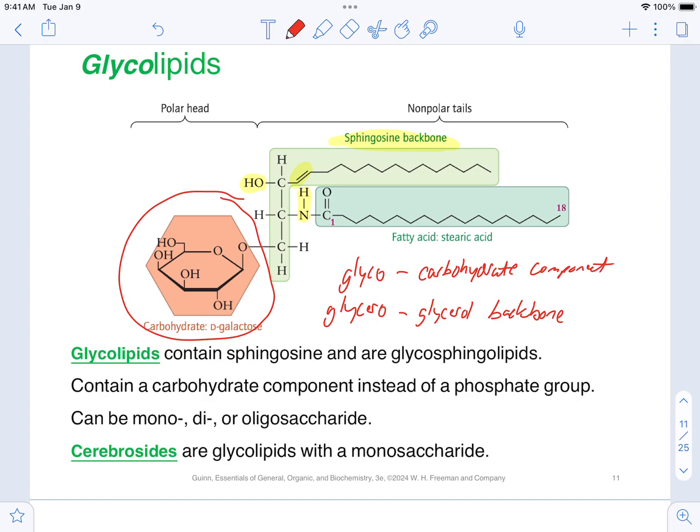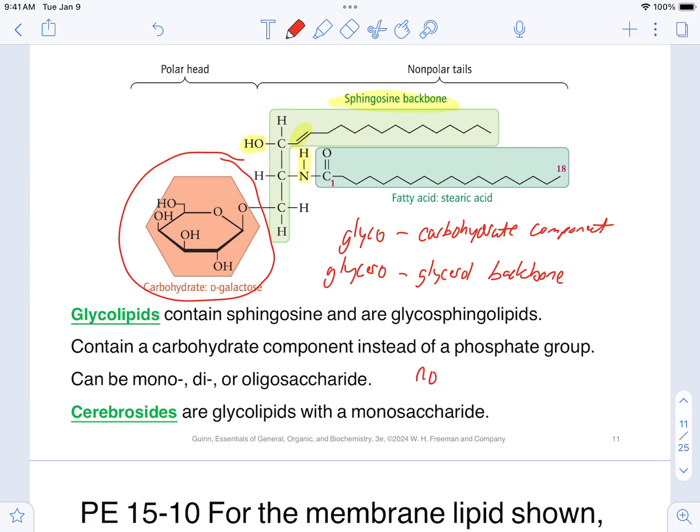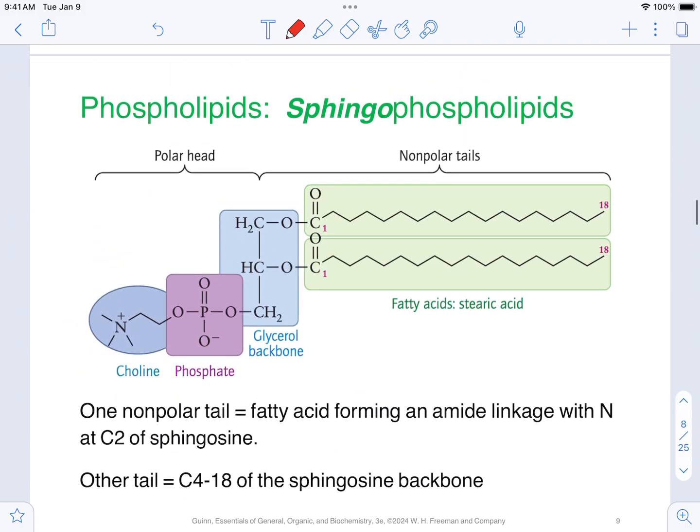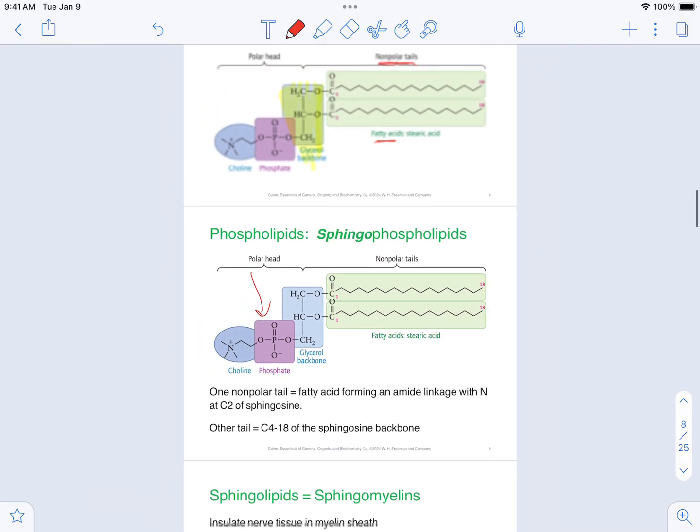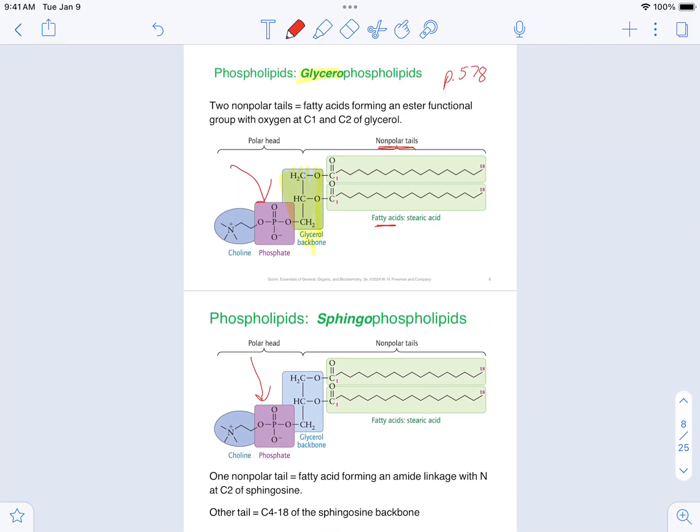There's also not a phosphate group on this. There's no PO4. Again, if we go back, notice here you have your PO4 group, and here you have your PO4 group.